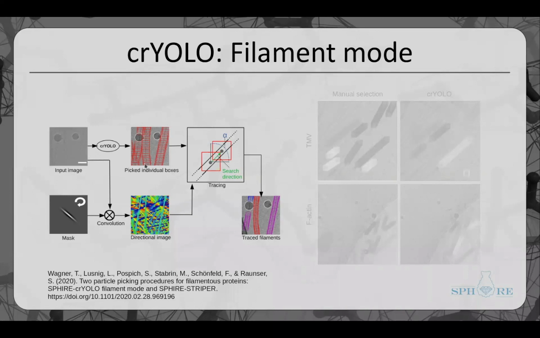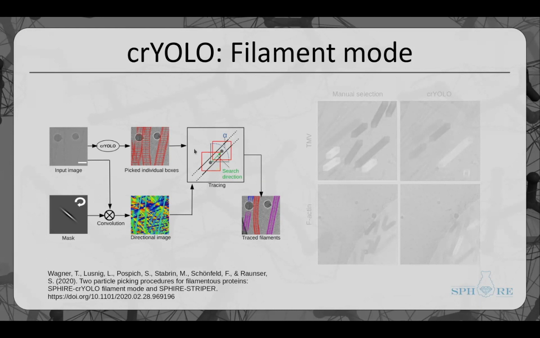First, crYOLO will pick the individual boxes, but at the same time, it will convolve the input image with this kind of mask, this kind of kernel. It will rotate the kernel, and using this approach, we can estimate the direction of the filament at every position.